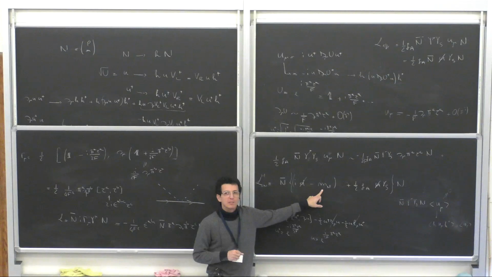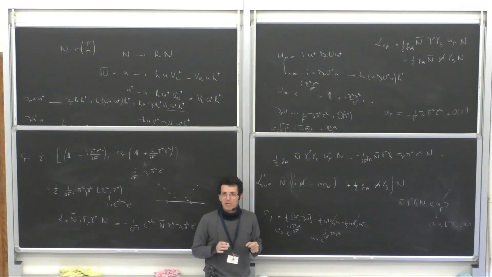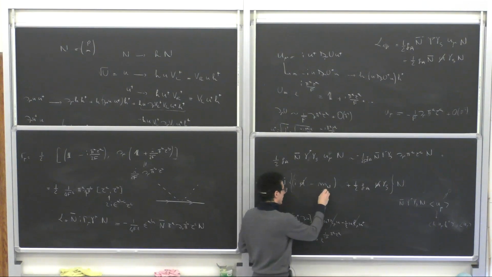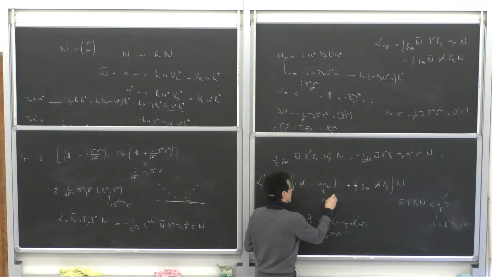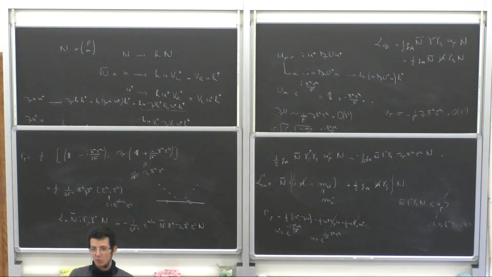We can write it effective mass. To be precise, sometimes people call this mass of the nucleon Mn0, because this is the mass of the nucleon in the chiral limit.